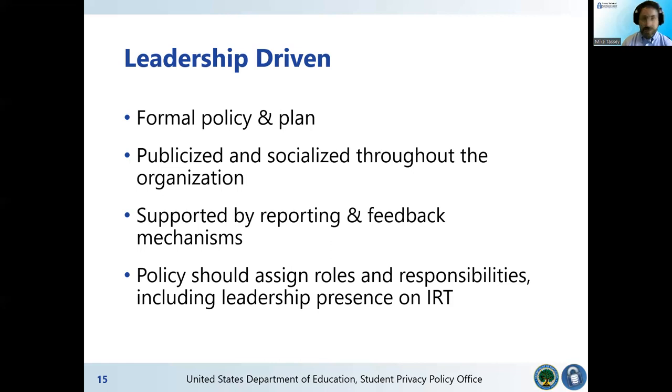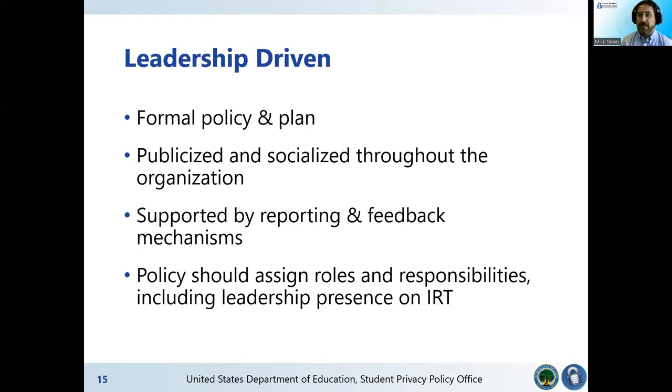The organizational incident response plan should be publicized and socialized throughout the organization so that stakeholders understand their role in incident response and have an opportunity to weigh in and provide input to ensure the plan is effective and that it's reflective of the organization's needs. Along those same lines, the plan should be supported through reporting and feedback mechanisms so that as the enterprise grows and changes, the plan can evolve between the established review periods.